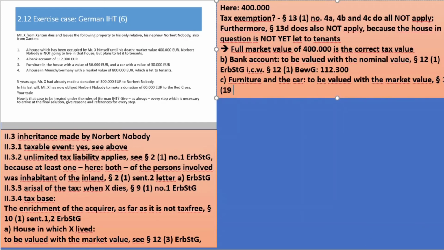12.1 Inheritance Tax Act says use the first part of the valuation law, and the valuation law says in paragraph 9 you have to take the so-called common value, that is the commonly paid value. That's nothing else than the fair value or the common market value.